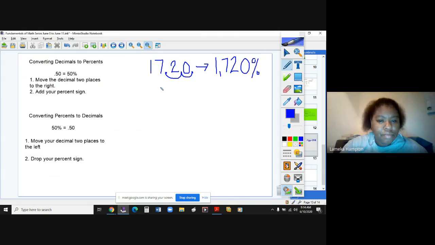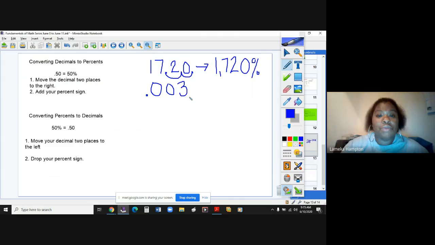Okay, and I'm going to do one more decimal to percent. So I have 0.003, or if I read this mathematically correct, this is 3 thousandths, because this is my tenths place, my hundredths place, and my 3 is in my thousandths place.